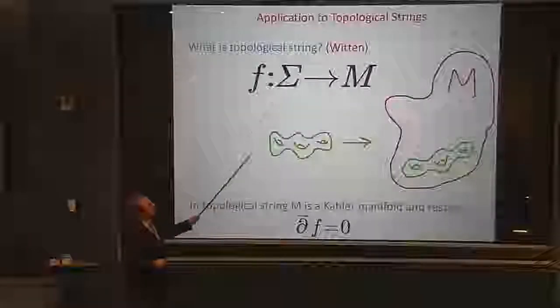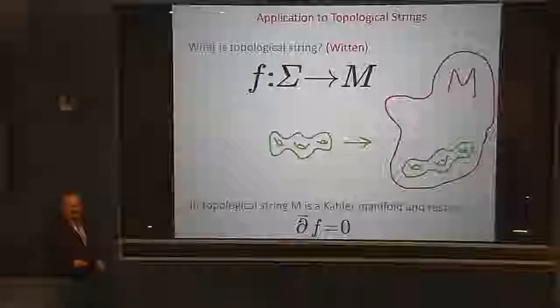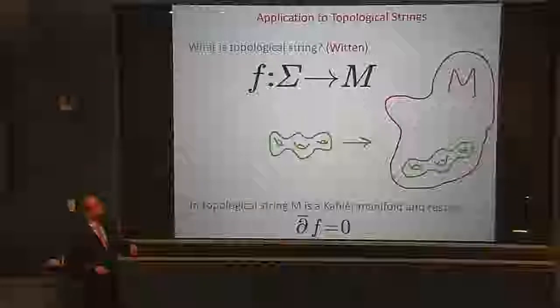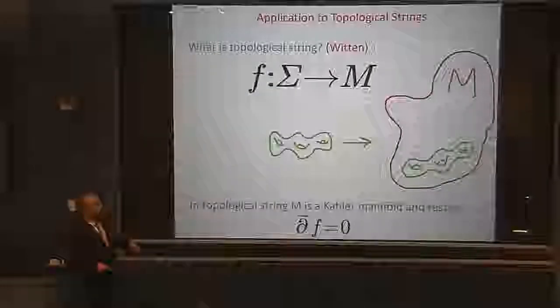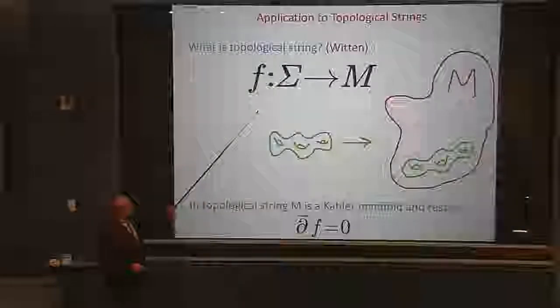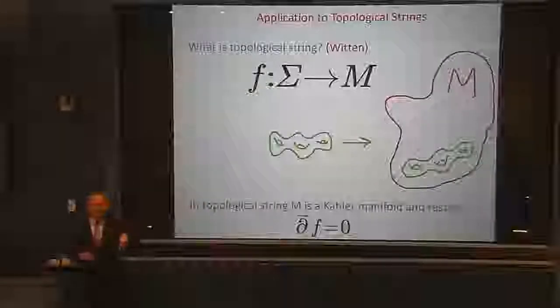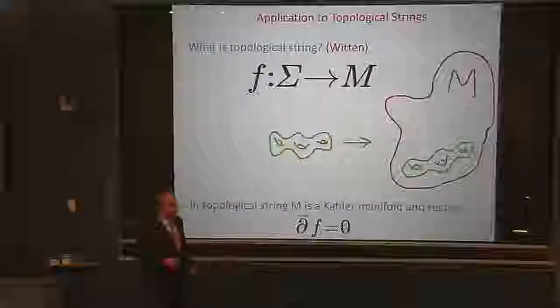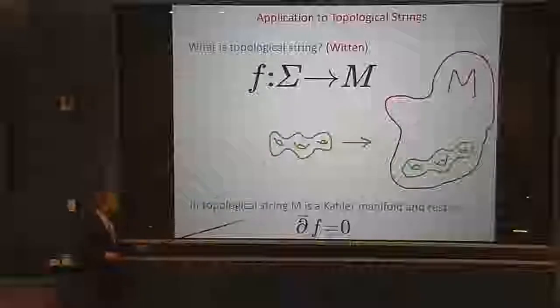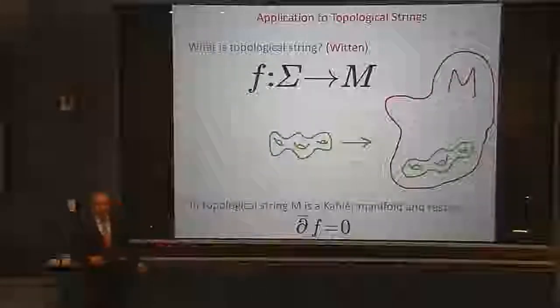So the application starts with a seemingly completely unrelated topic, namely, you study, as Witten introduced, what's called topological string theory. Usually in string theory, we look at maps from Riemann surfaces to manifolds. So you take this donut-shaped object with these handles, and you try to put it in the manifold. But topological string theory says don't study all possible such maps, but restrict to the ones which are nice.